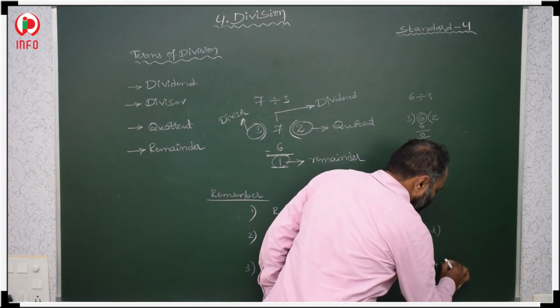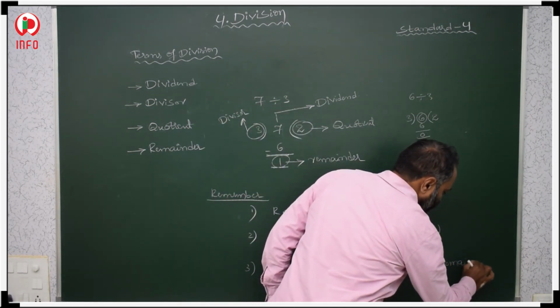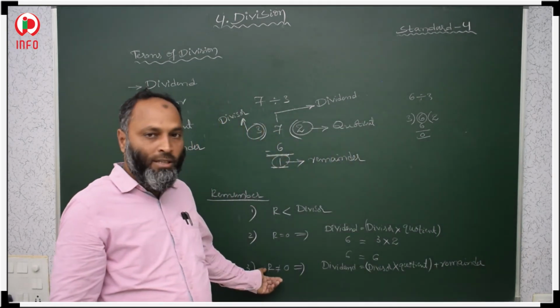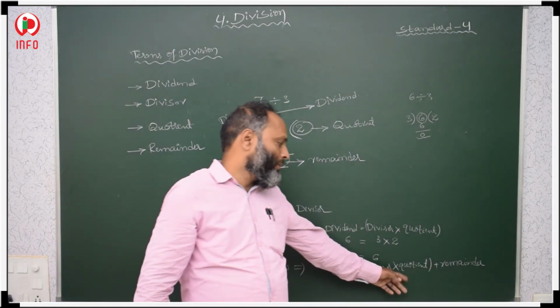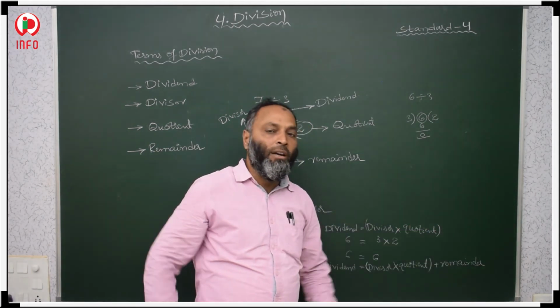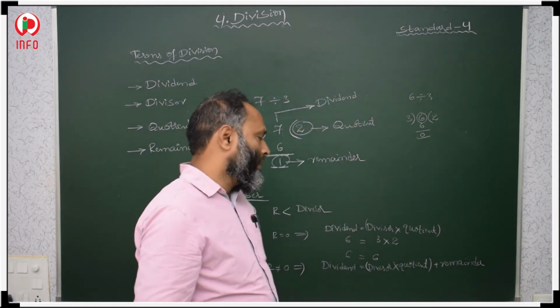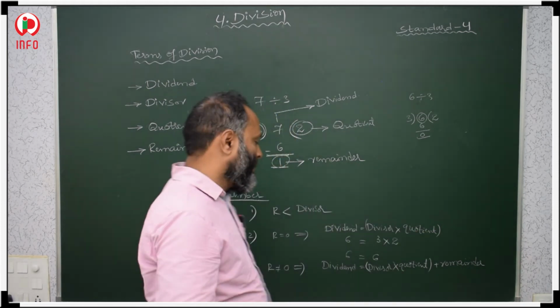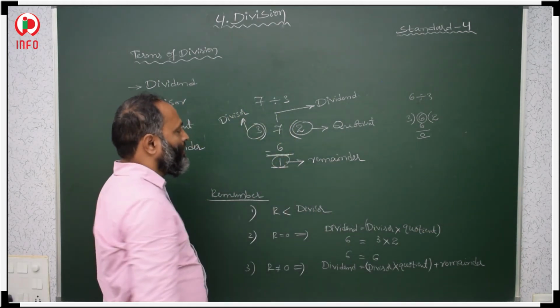When the remainder is not equal to 0, we have to apply this formula, and we have to add the remainder. When the remainder is 0, no need to add. So here in this case the remainder is 1.